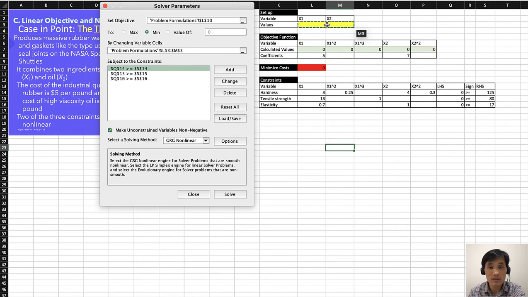As they are continuous variables, I did not add an integer or binary constraint here, and make sure that it's non-negative and GRG nonlinear, because we have nonlinear functions here. And then solve.